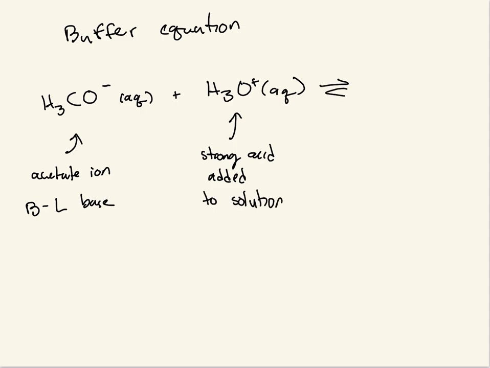What happens is the acetate is going to come and take the extra proton that's on this molecule, and it's going to create H3CCO2H, oops, sorry, I forgot an O on the other side, plus H2O, right?